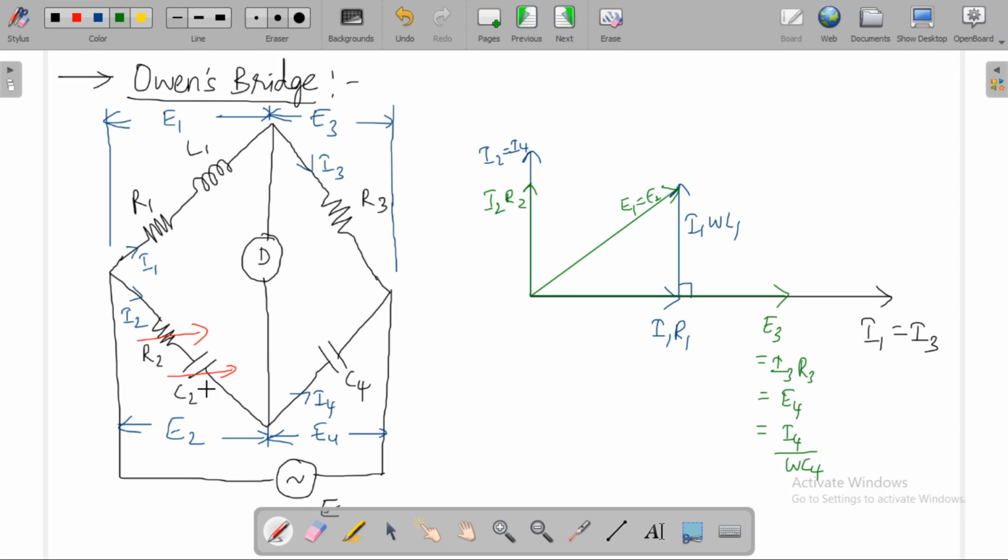Now how can I draw voltage across C2? Voltage across C2 lags current through C2, so you can draw like this, lagging I2.